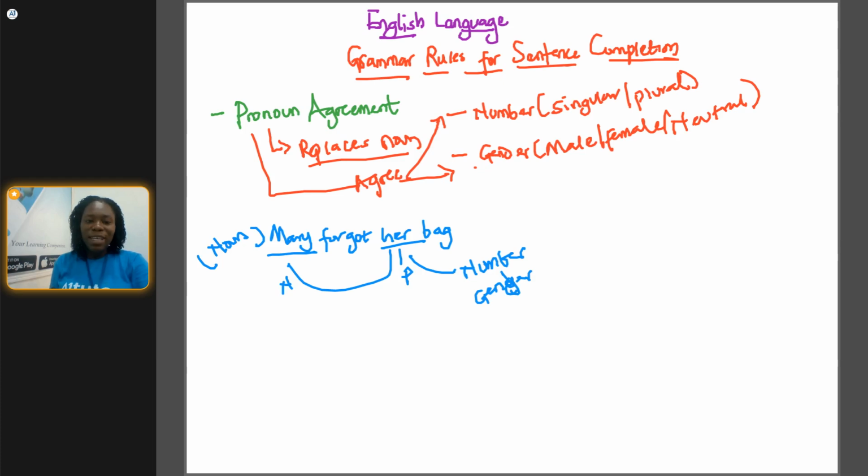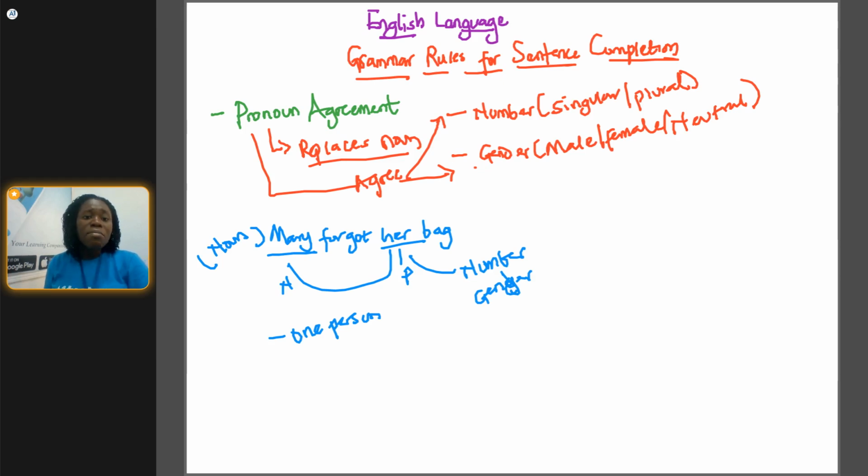We talked about Mary, and Mary is the name of a person. Mary is one person, so we have one person. That means if you're using a pronoun to replace the noun that we have, that pronoun must agree with the fact that the person is singular.